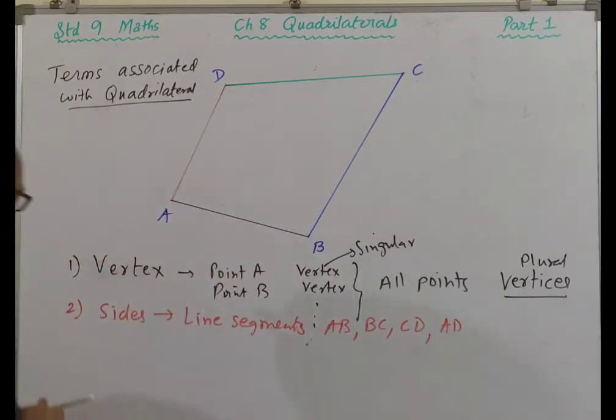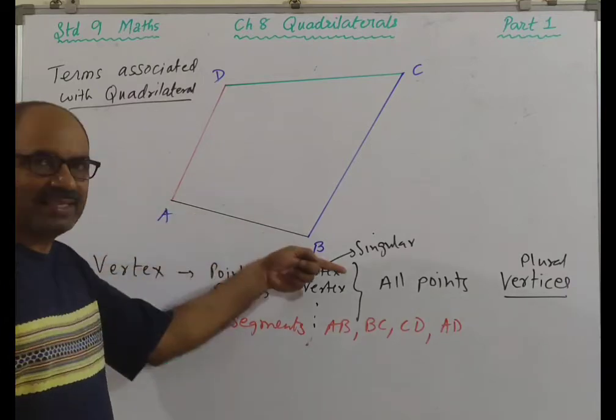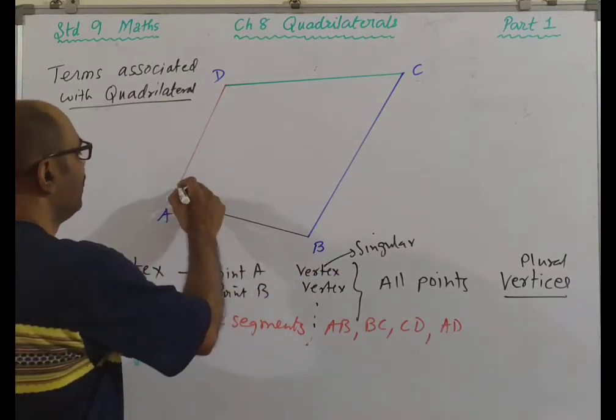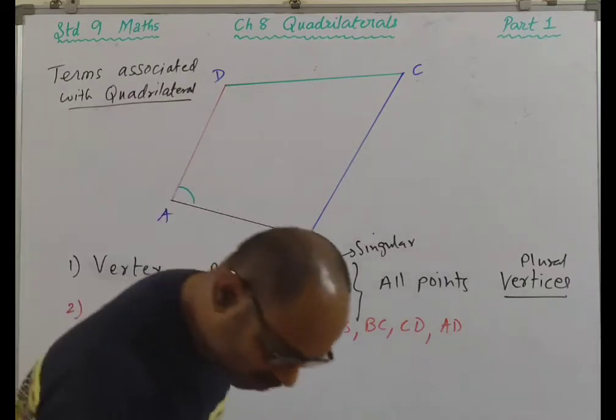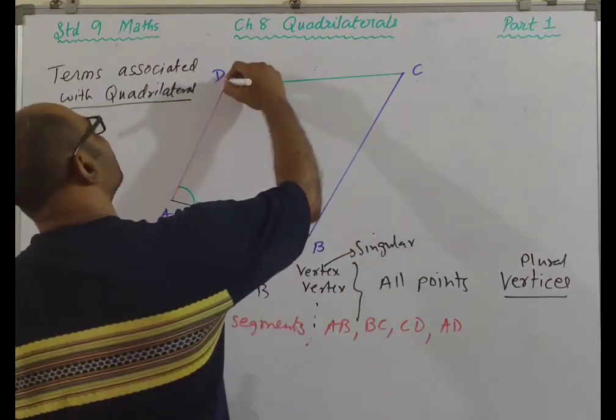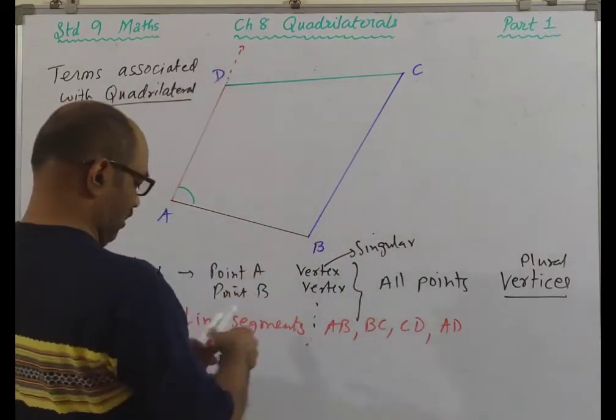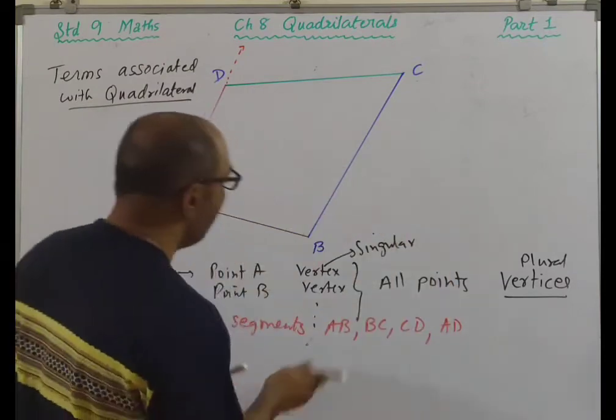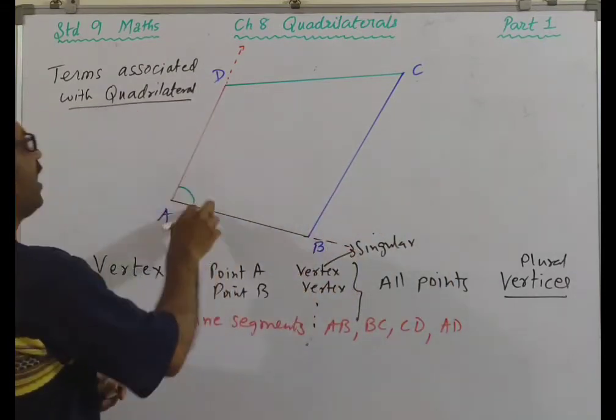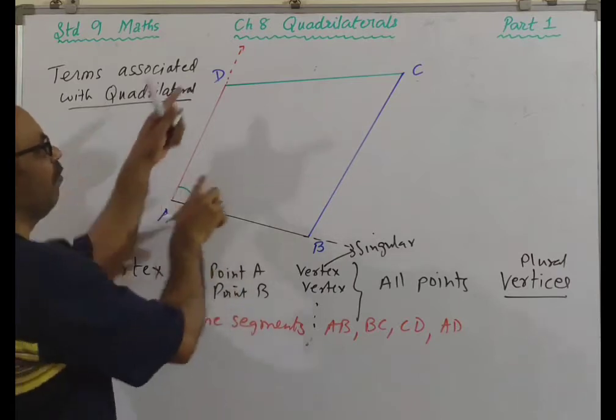Number 3, angles. Yes, children, this black side and red side give you an angle. Of course, you can imagine this ray extends and this ray also extends, because an angle is the union of two rays.